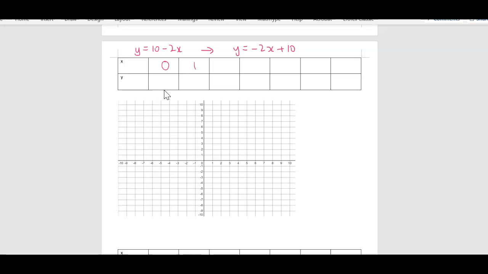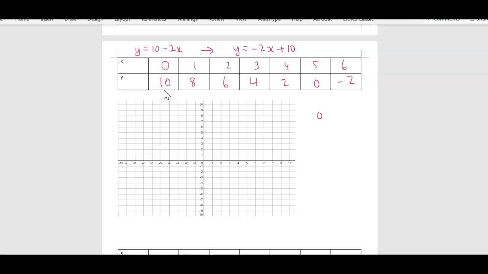If we did 0, 1, 2, 3, 4, 5, 6, that's fine as well. So I always want to have x equals 0 though, because then you can just put your y-intercept in. It's a bit easier. And we're going down by 2, so 8, 6, 4, 2, 0, negative 2.